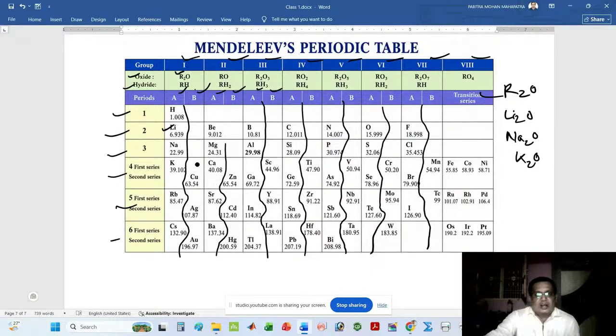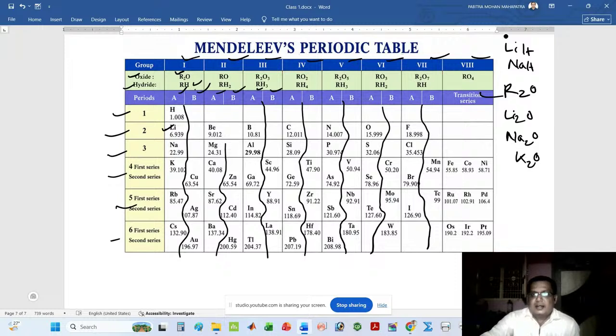You can think also of RH. Suppose we think about the hydride of lithium, LiH. Next, the hydride of sodium, NaH, and potassium hydride, KH. Clear?